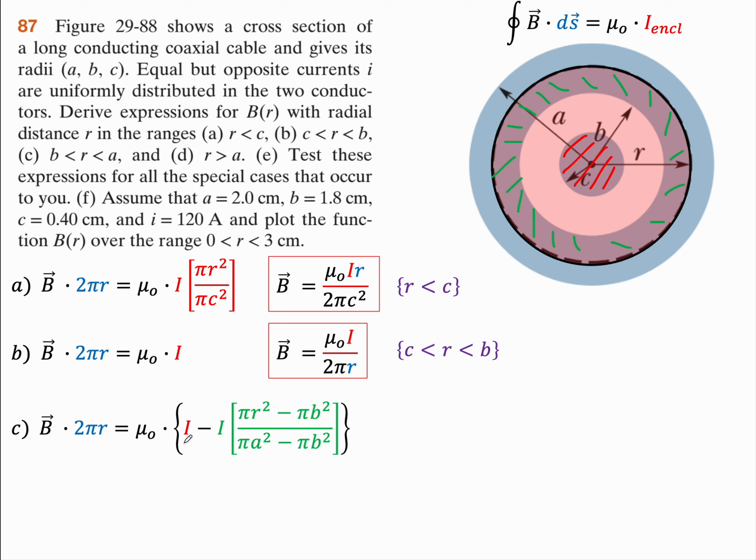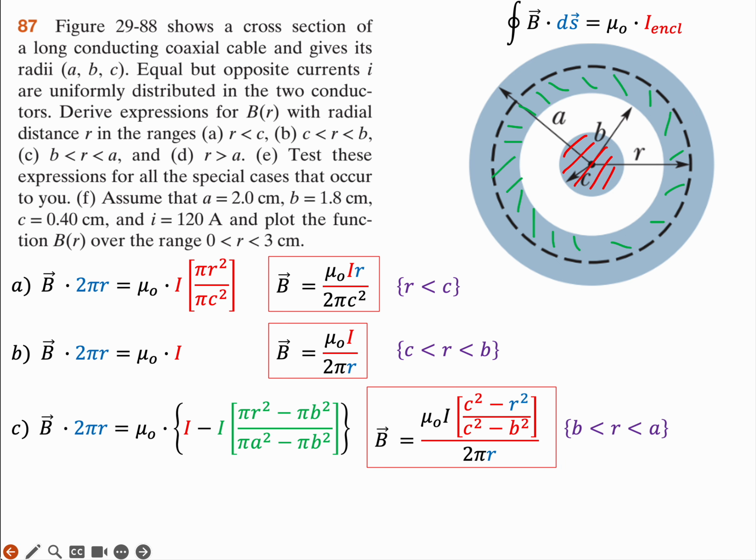So all the current I plus a fraction of the current, which is going to be equal to the shaded area of this divided by the total area of this outside conductor, which is going to be pi a squared minus pi b squared. That's a really hideous expression, I admit it, but you can simplify it down as far as you can. I don't think you can go much further than this. Not pretty, but you've got r squared up here and r down here, and this is valid for this region.